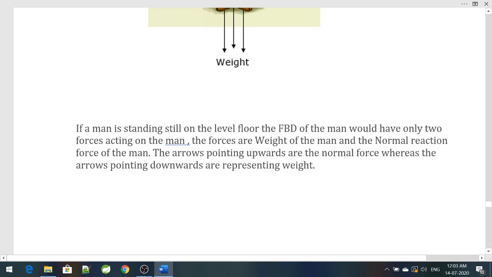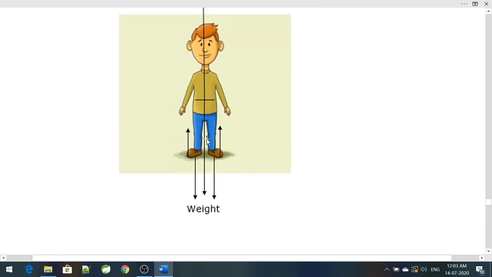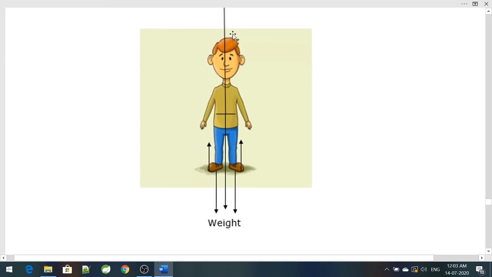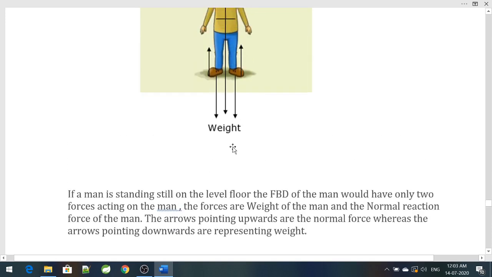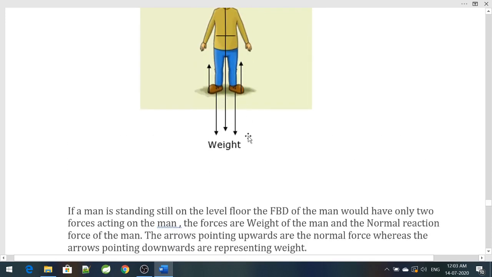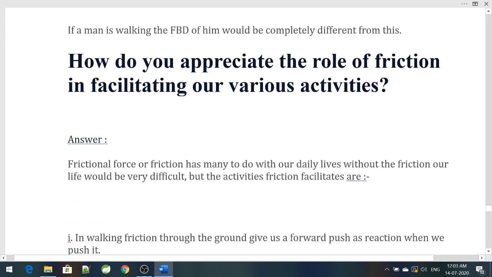The arrows pointing upwards are the normal force, whereas the arrows pointing downwards represent weight. If a man is walking, the free body diagram of him would be completely different from this. Now he is standing, so we have drawn it like this.